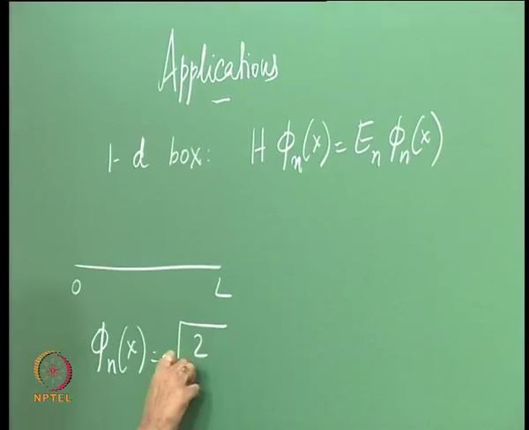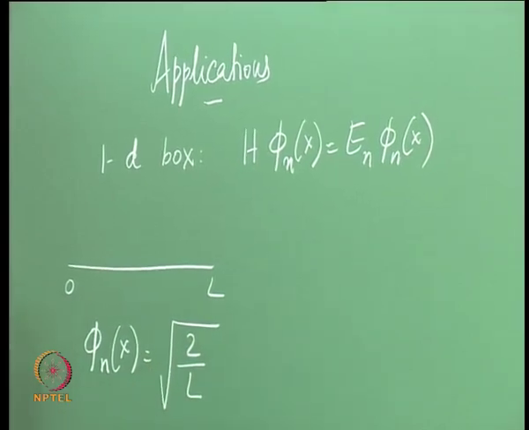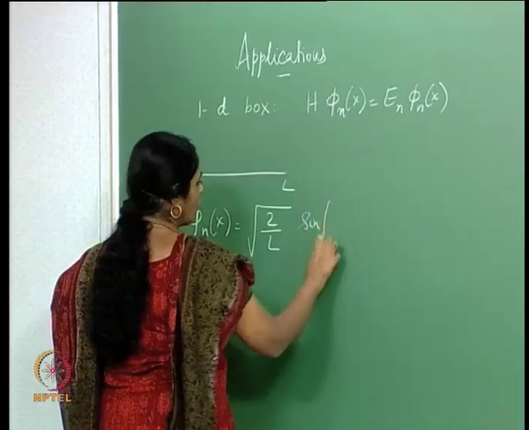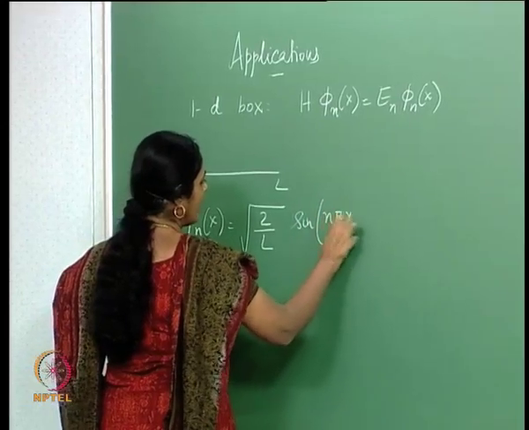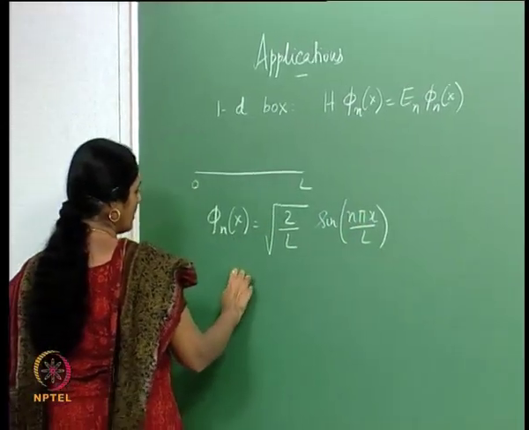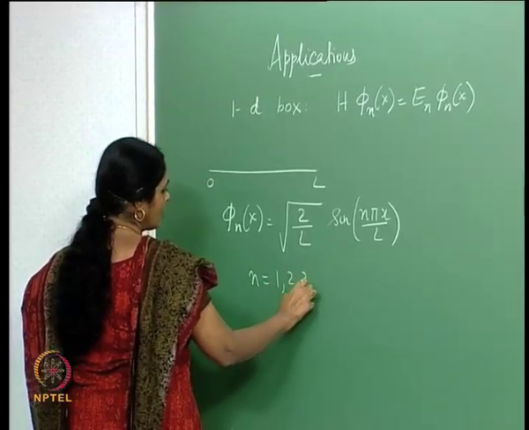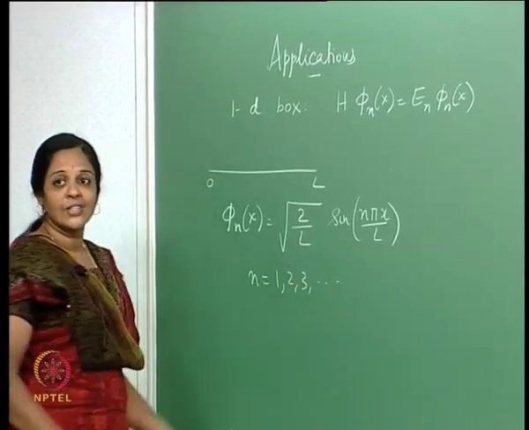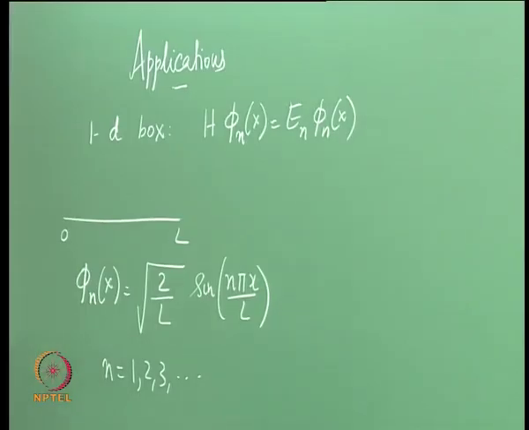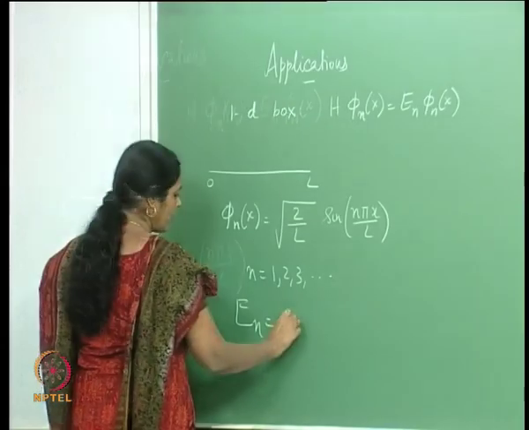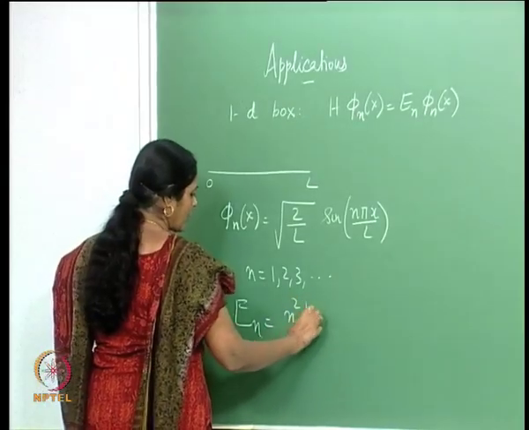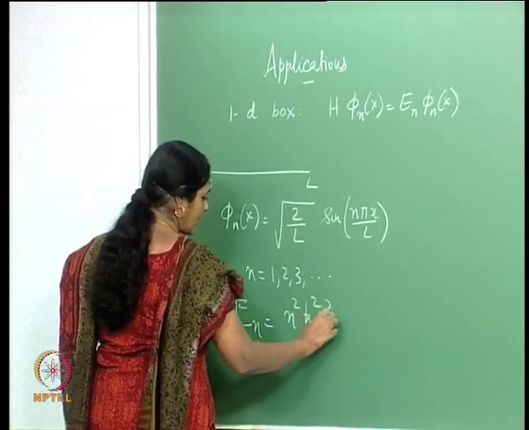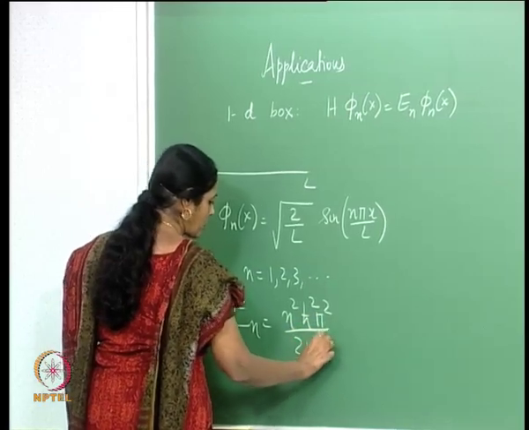The normalized energy eigenstates are given by root of 2 by L sin n pi x by L, where n takes values 1, 2, 3 and so on. The energy E n itself is known to us, n squared h cross squared pi squared by 2m L squared.